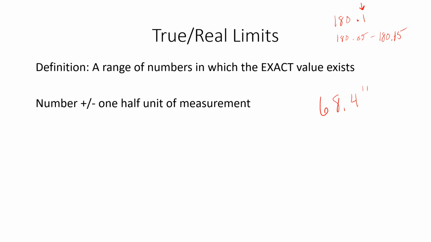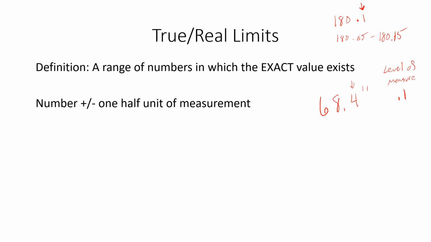Again, the level of measurement is the tenths place. We don't take the 0.4 yet; that's just the tenths place. So the level of measurement is 0.1, because that's how fine it can get.